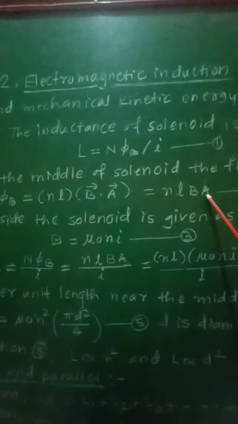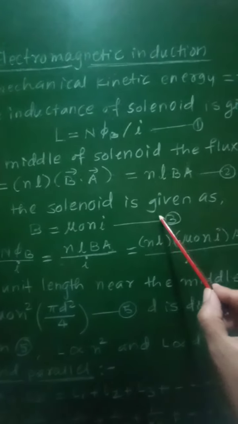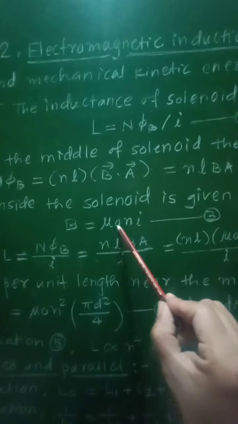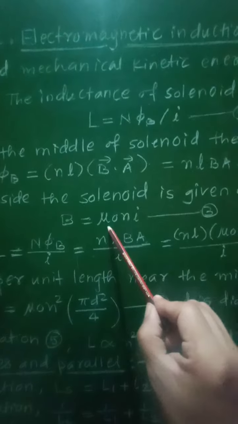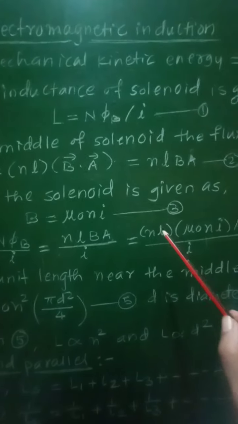Then the magnetic field inside the solenoid is given by the equation we know, B equal to mu 0 n I. This is the magnetic field inside this solenoid, equation number 3.